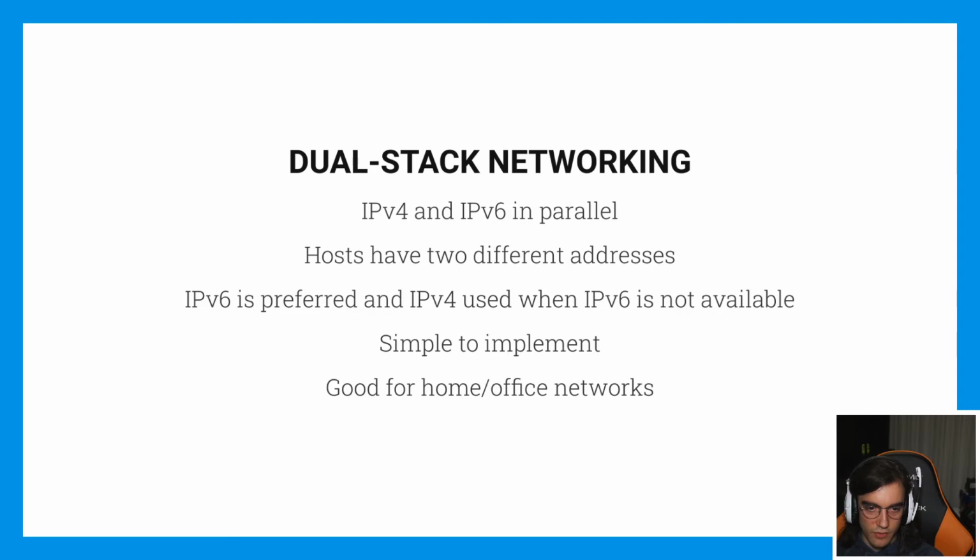And it's good for home and office networks, especially because there's a lot of various tidbits like IoT things where the networking concepts are just not the main focus of the product, and they don't work well with IPv6 or things like that.